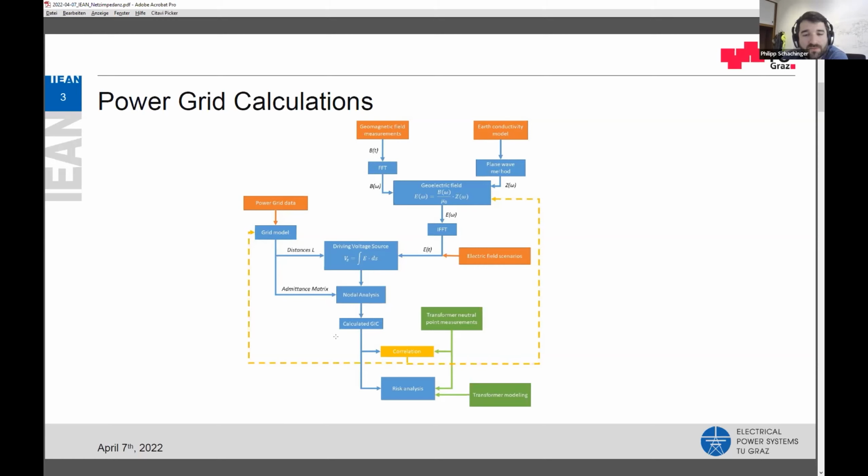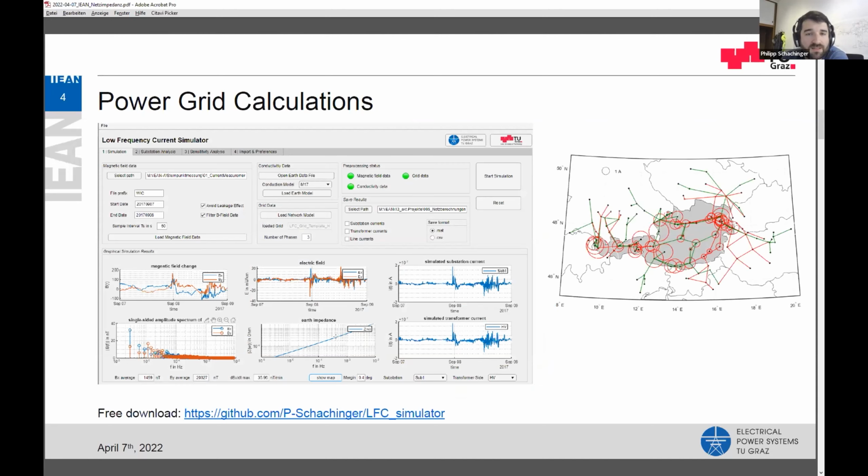So we have 9 transformer neutral point measurements in the Austrian power grid, which are basically DC measurements. And with this data of the correlation, we can improve our grid models and our calculation techniques. And we do a risk analysis.